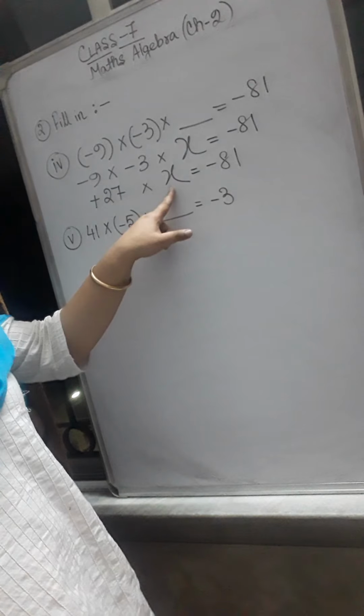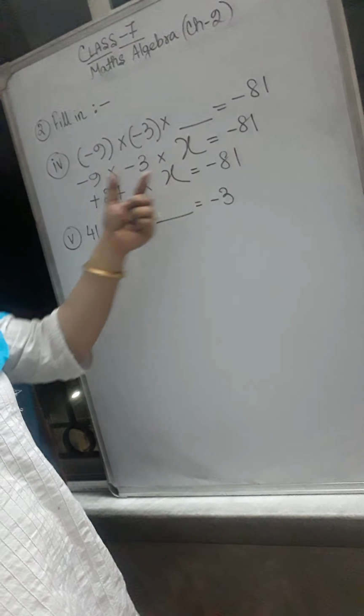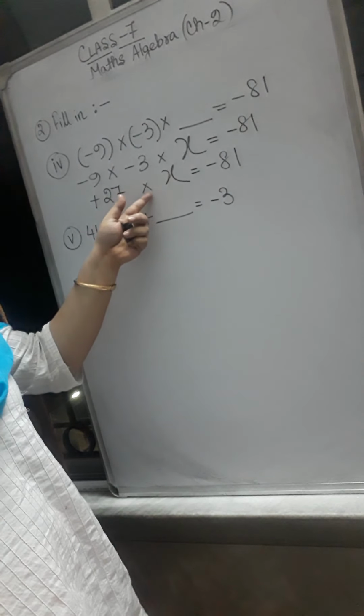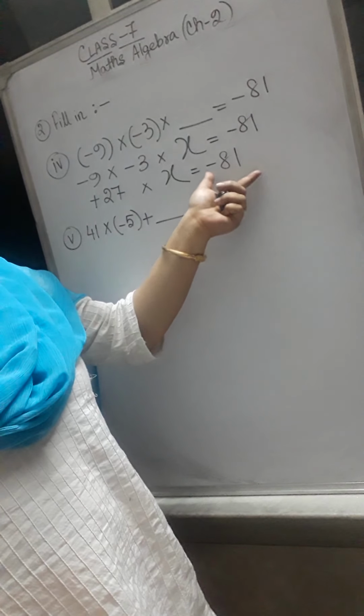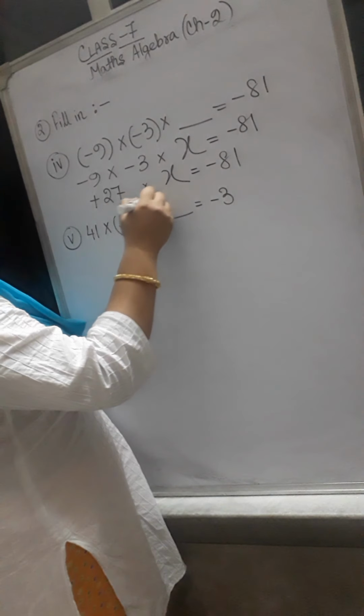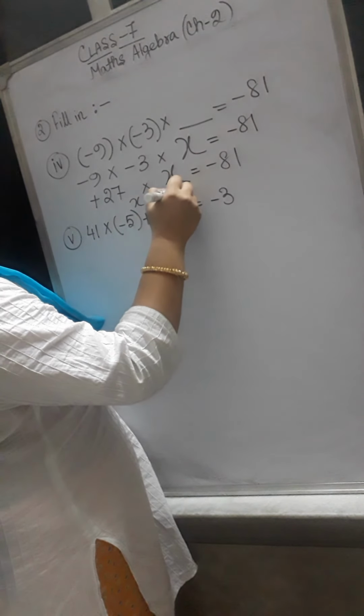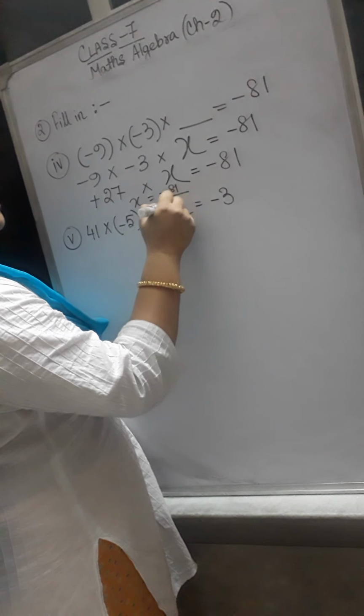Now in order to know the unknown, we shift all the numbers to the right hand side. So plus 27 is multiplied to x. When we shift the number to the right hand side, it will come as divided. So x equal to minus 81 divided by plus 27.